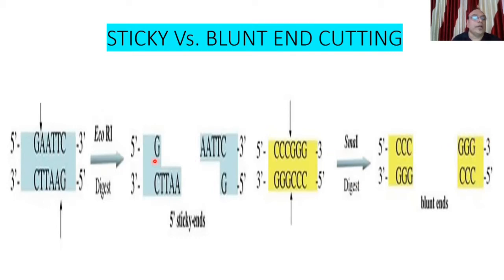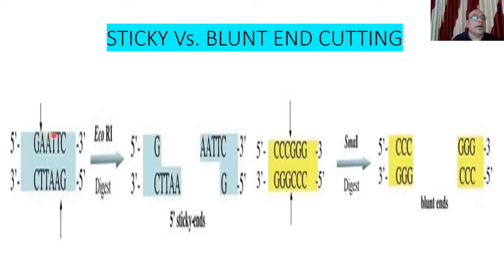But here you see that the point of symmetry is AT, AT. As we have seen in the previous slide, the point of symmetry is AT and AT, but the cutting is not taking place across the point of symmetry, rather a few bases away from the point of symmetry.